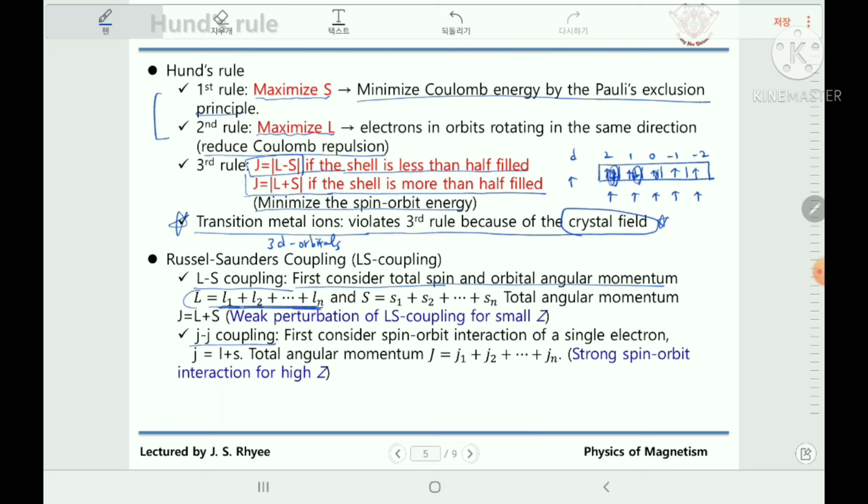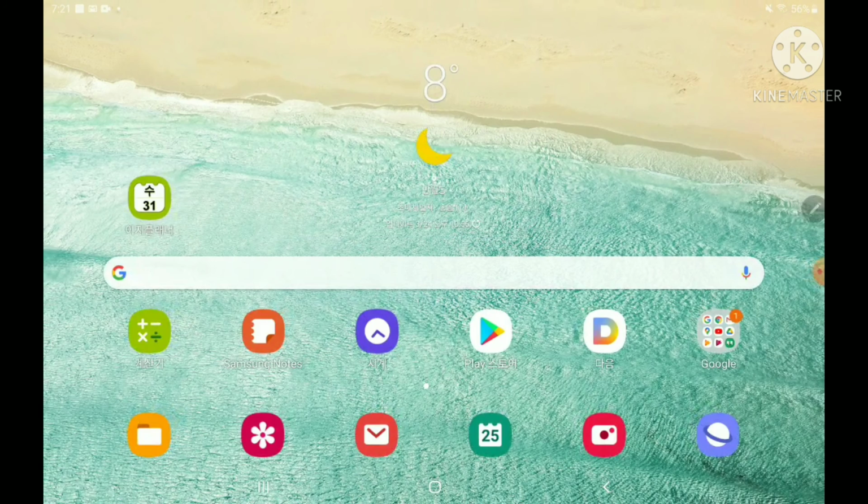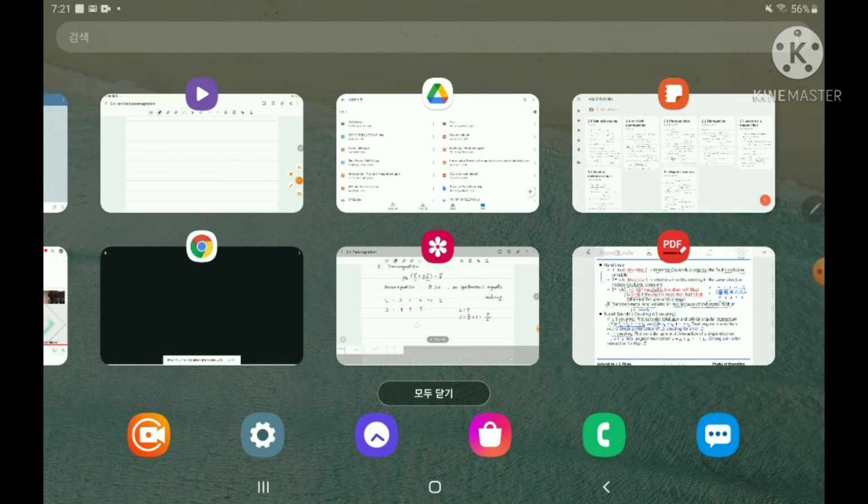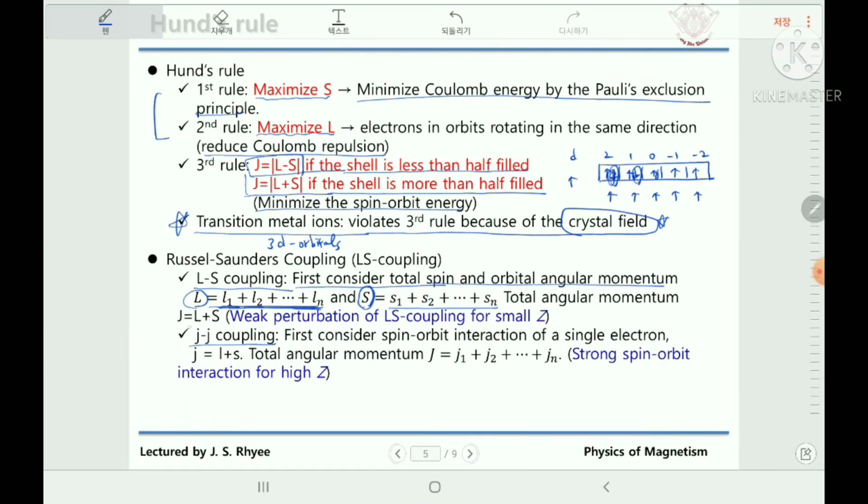We call it capital L, and the summation of each spin we call capital S. Finally, the total angular momentum is L plus S. That is LS coupling.